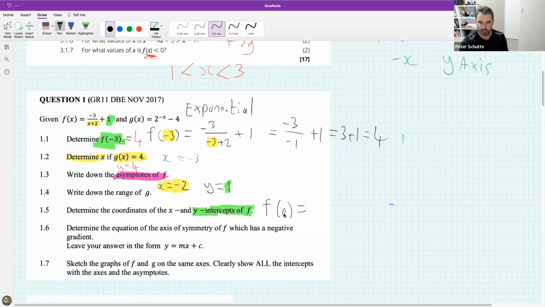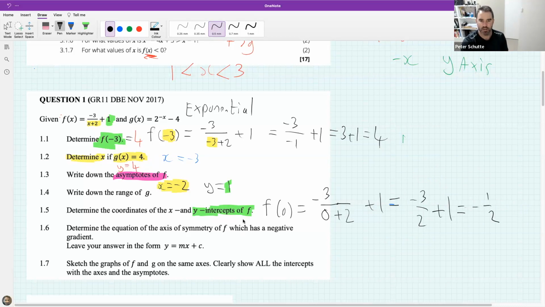So the f of 0 is just going to be -3. I'm going in there and saying 0 plus 2 plus 1, which gives me -3 over 2 plus 1.